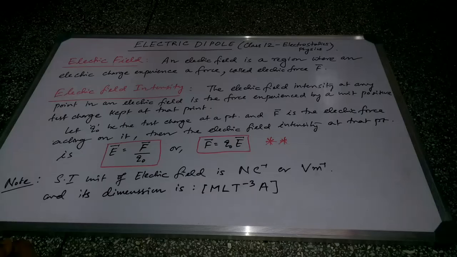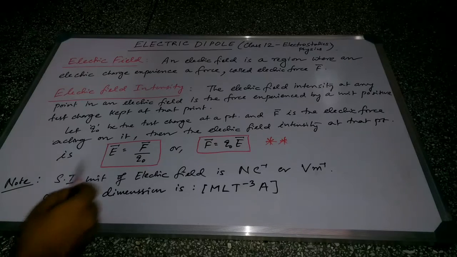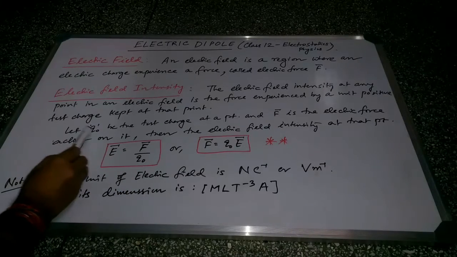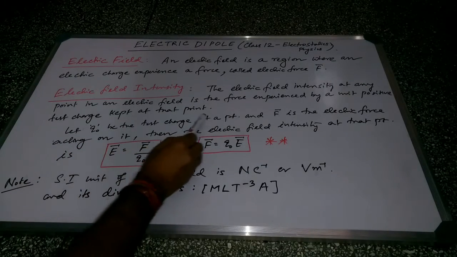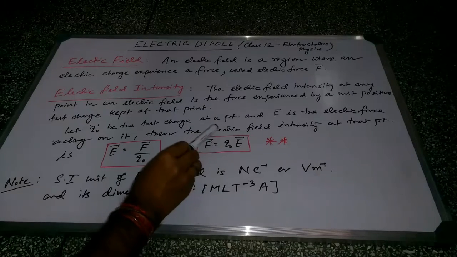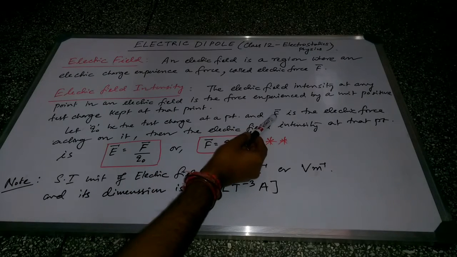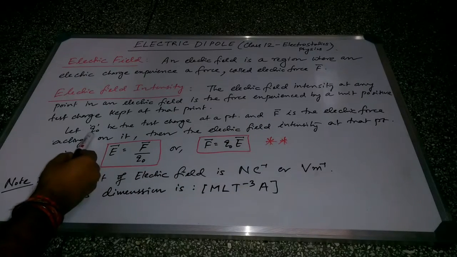How to memorize or understand this definition is by looking at this expression. Let Q naught be the test charge placed at a point in a region. An electric force acts on it. So the force is F, which acts on this test charge.